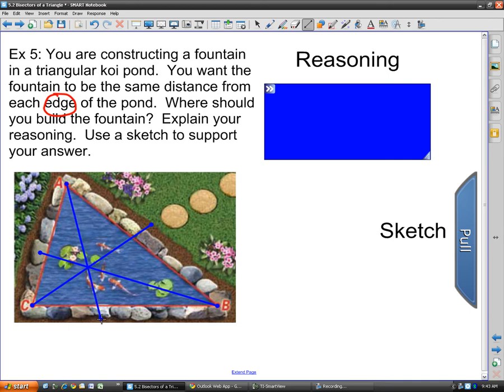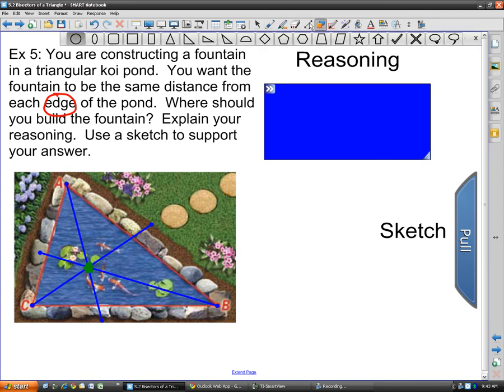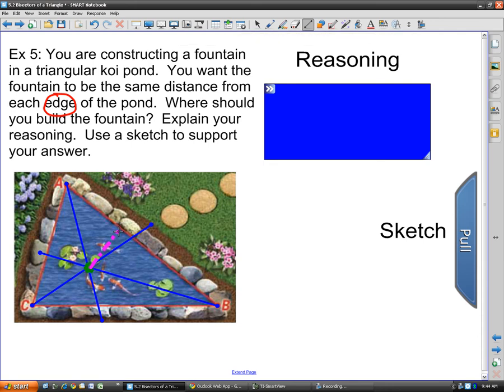And so by cutting the angles in half, this point right here would be where the fountain would go, so that it is equidistant, because we remember that from that point, if I draw a 90-degree angle to each side, each one of these lines should be pretty much, and I think I'm off.